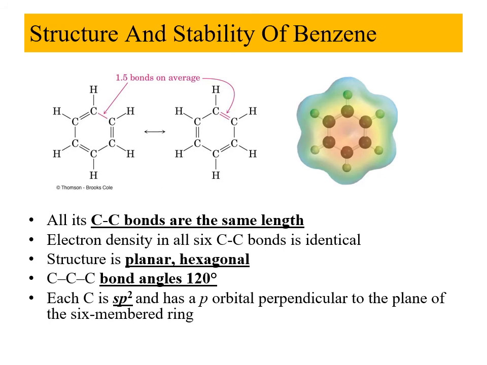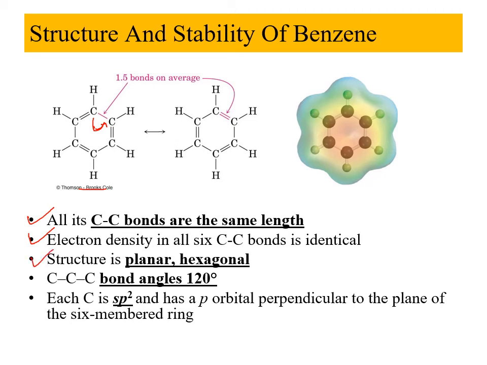In the benzene structure, all its C-C bonds are the same length. The electron density in all 6 C-C bonds is identical. Benzene can be said to be a conjugated system whereby the electrons in these 6 carbons can move from one carbon to another.